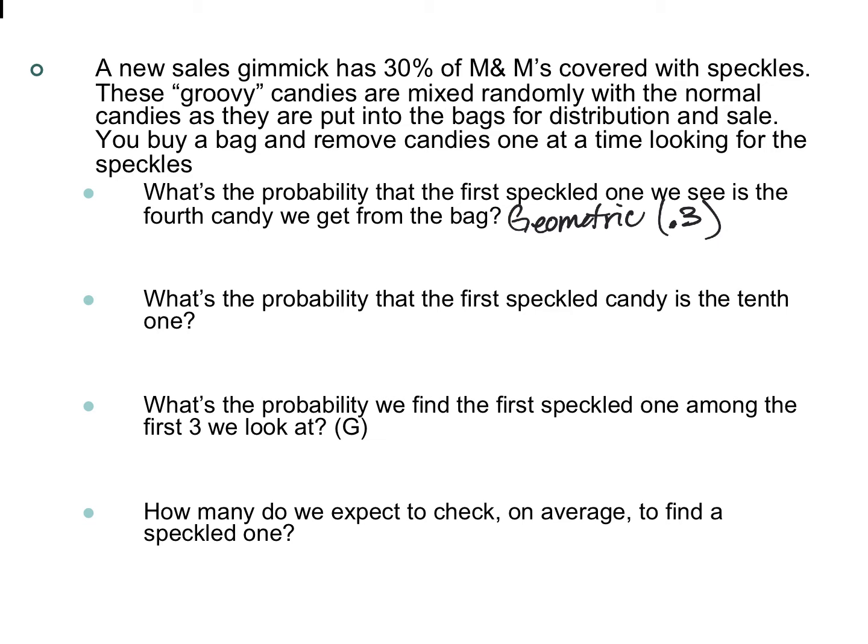So we said this was geometric. This was one we could kind of do without the model, right? It was failure, failure, failure, 3 failures. And on the fourth candy, yay, we got the speckled one. So what's the probability of failure? 0.7 to the third times 0.3.